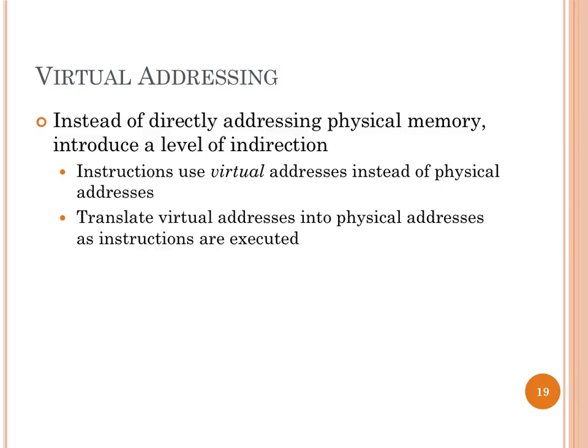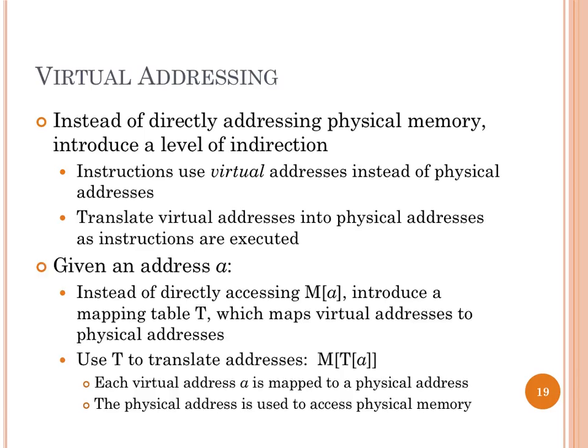Okay. So what we'd like to do is solve the problem by adding another level of indirection, as per usual. So what we're going to do instead is have instructions use virtual addresses. The addresses that they emit are not actually going to be the same address that hits the memory cells. We're going to have a translation that goes on between the two. And so we're going to turn virtual addresses into physical addresses. So we end up with a scheme like this.